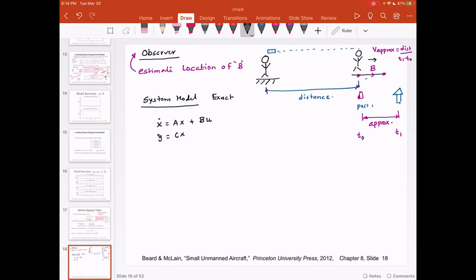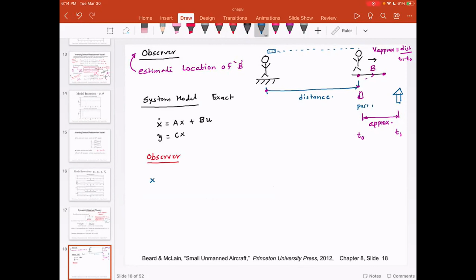Now, we want to construct an observer model. So what is the function of this observer? The function of this observer is to come up with some sort of approximate model.